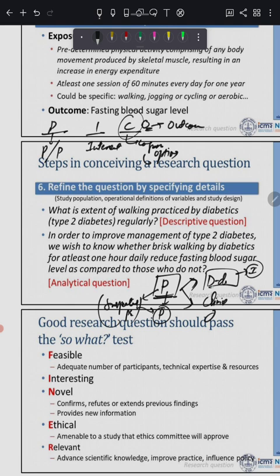D-dimer is an intervention, but this is clinical judgment, so this becomes the comparison, and finally the outcome is predicting PE on imaging. So imaging here is O. So this is the PICO format.